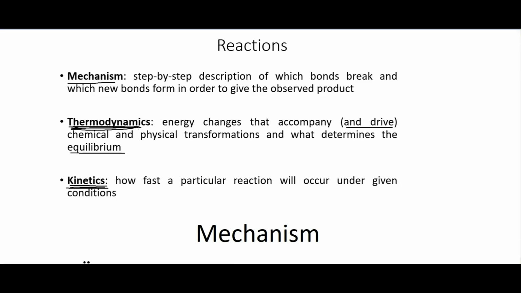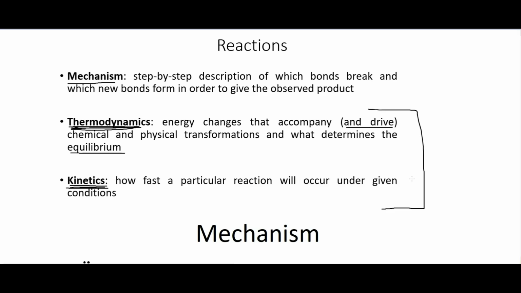The distinction is important because there are different factors in kinetics that we are concerned with specifically that don't really have to do with the equilibrium or favorability of a reaction. The way I would think about these two things is that kinetics is how fast something happens, and thermodynamics is how favorable something is.